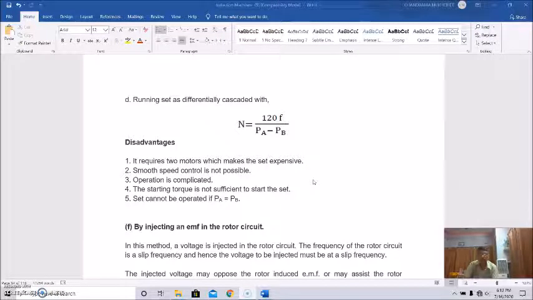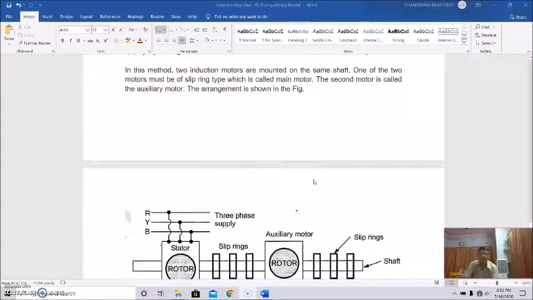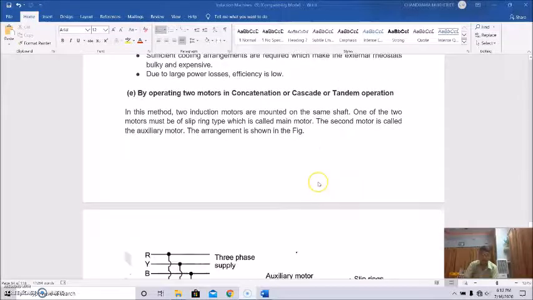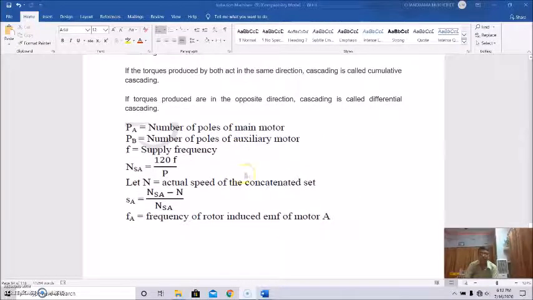So this is all about the cascade connection, operating two motors in cascade, concatenation or tandem operation mode. This is the connection diagram of the set, and this is how the different speeds can be achieved.